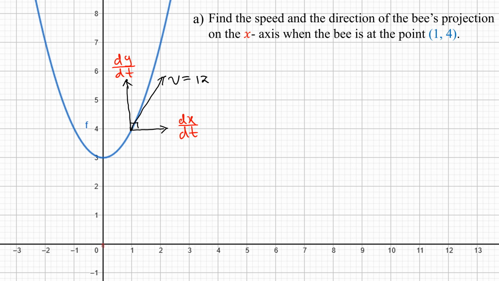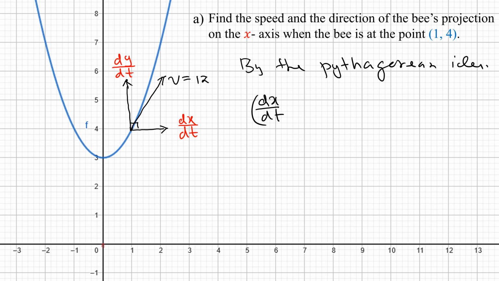Now we can use the Pythagorean identity again. By the Pythagorean identity, we can write dx over dt squared plus dy over dt squared, because they are at 90 degrees, equals v squared. v is a constant, so we can write it like that.